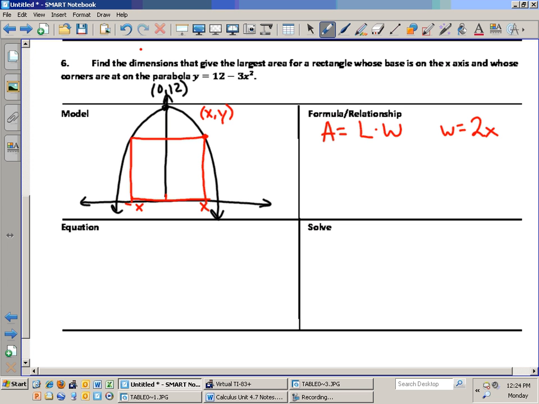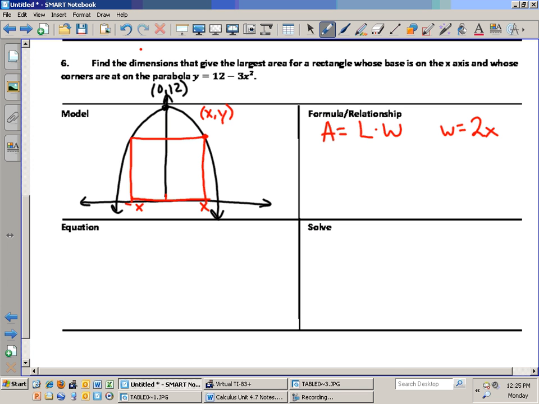Now, all I need to do is write an expression for my height. Ashley Tavis, tell me, does the height have something to do with x or y? Y. Okay, so it has something to do with y, my height. So let's suppose just for a second that x was 2. How would you figure out your height?